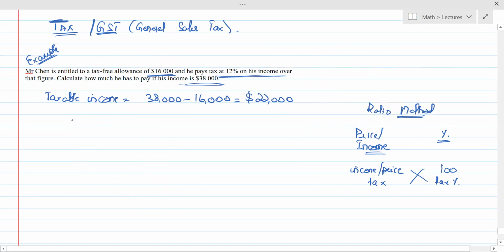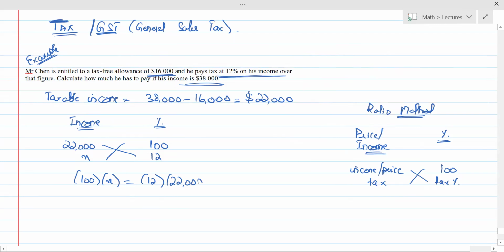So we have the income here against the percentage. Taxable income is 22,000 against the percentage, which is 100. Tax percentage is given as 12%, and the amount is X. We do the cross multiplication: 100 X is equal to 12 into 22,000.